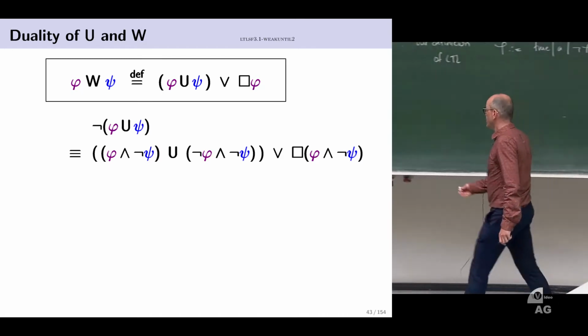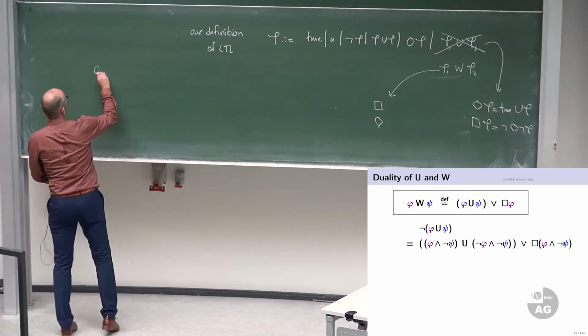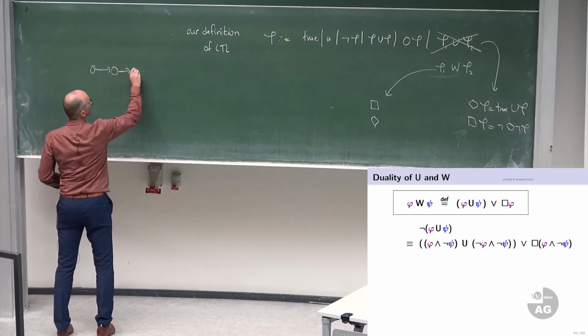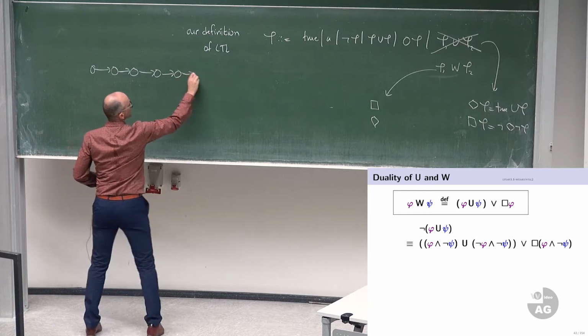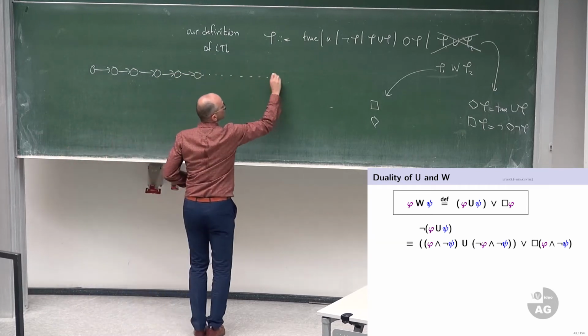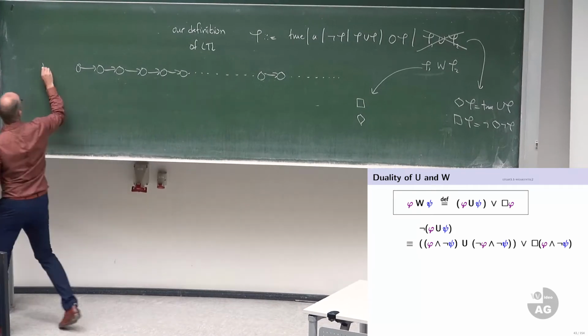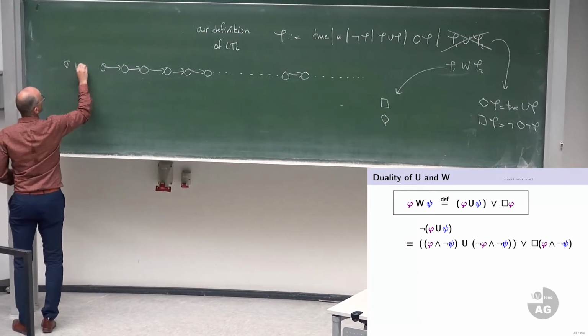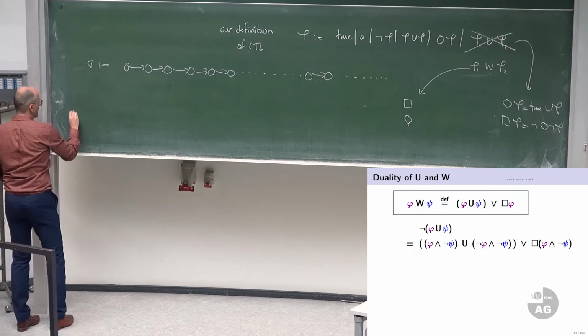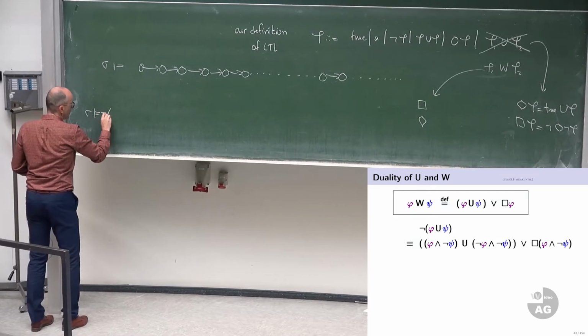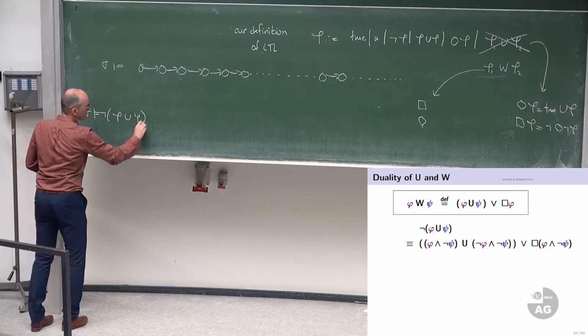Good. So we take an infinite path again. This is my infinite sigma, right? What do we know? Sigma does not satisfy phi until psi.